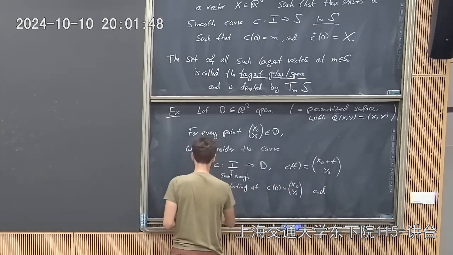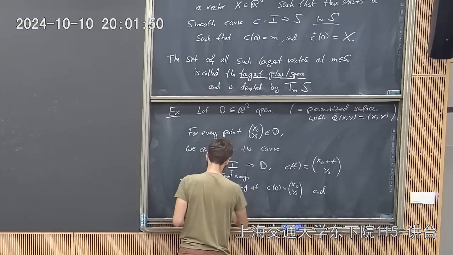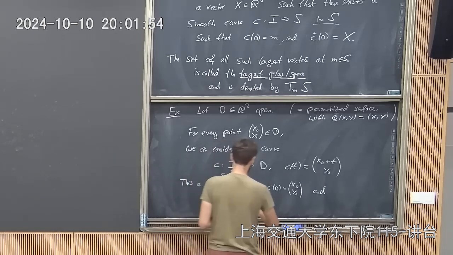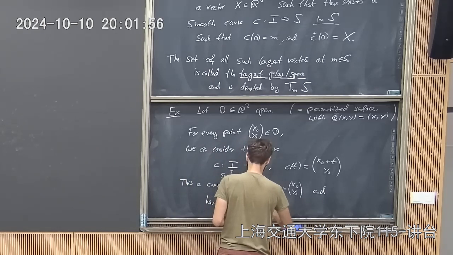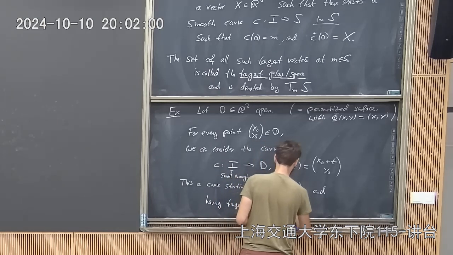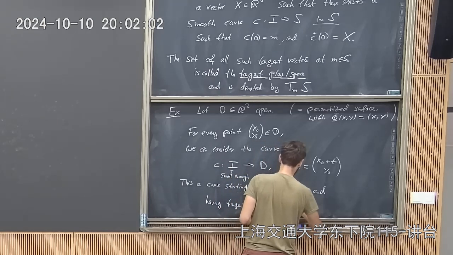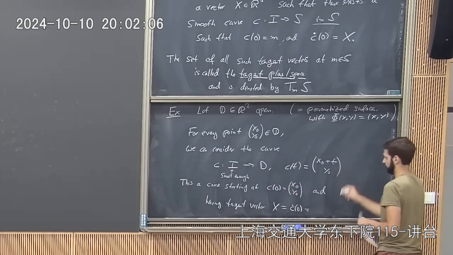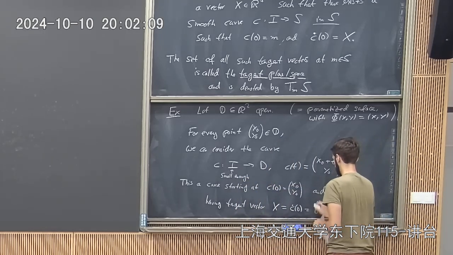And moving back from x, with the time derivative of the curve at 0, we just take the time derivative and then we get the points.